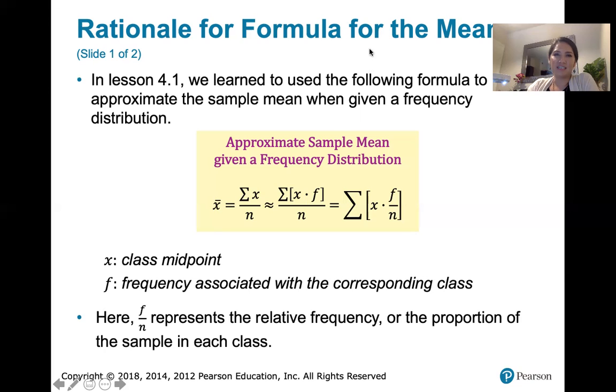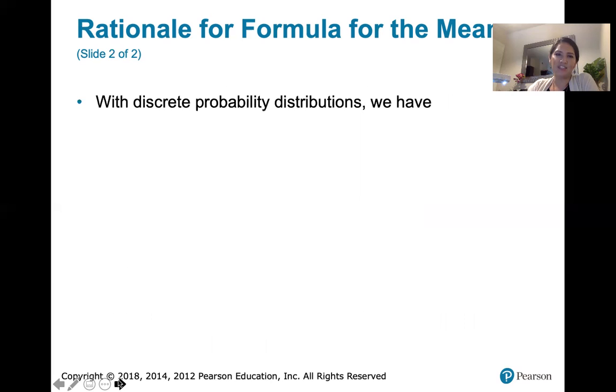Now with probability distributions, it's a little bit different, but there's a lot that's very similar. And here we're talking about discrete probability distributions. So our x values are going to take on a finite number of values that we can list. The number of x values is countable.